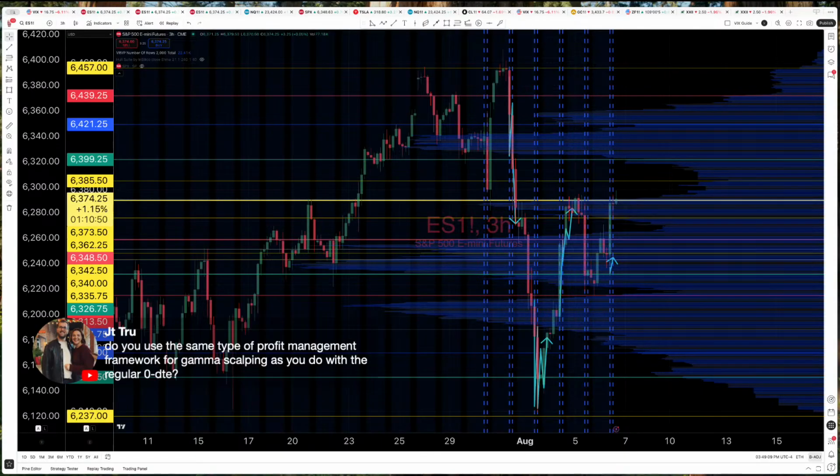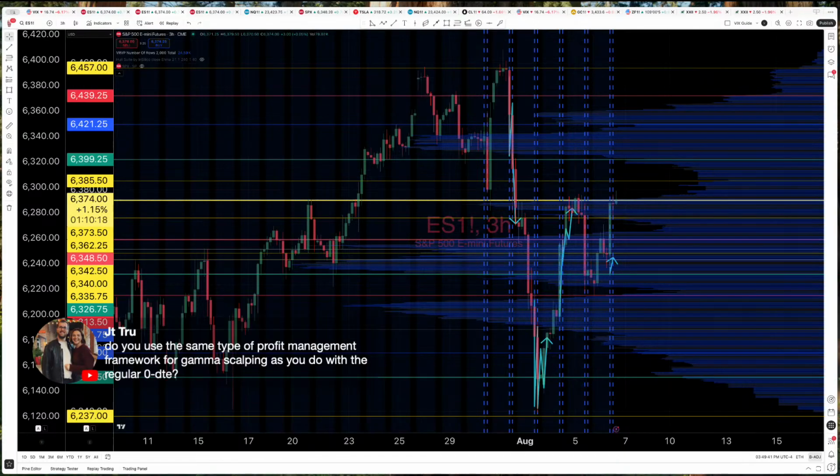JT True: Do you use the same type of profit management framework for gamma scalping as you do with the regular 0DTE? Well, it's not exactly the same because, first of all, with the 0DTE trade we're really playing a different time clock. With the scalping trade, you're more opportunistic, and particularly because the gamma is much higher, the sensitivity to price is much higher, so you have to make quicker decisions.